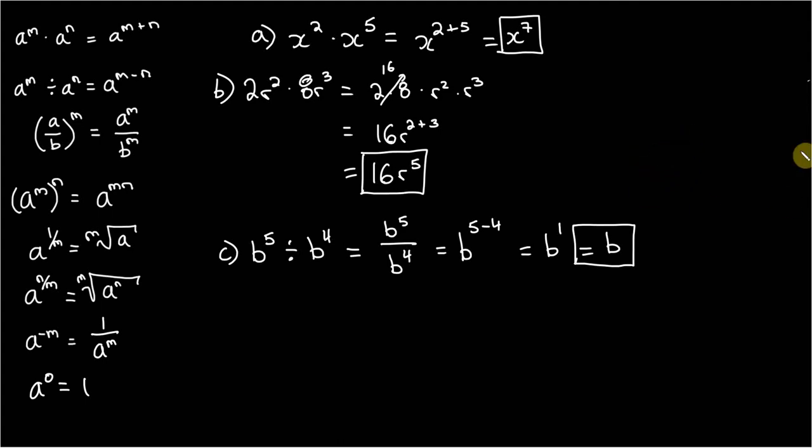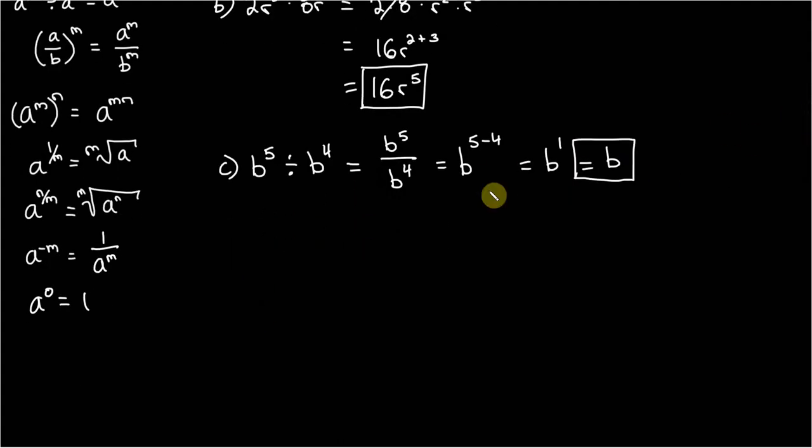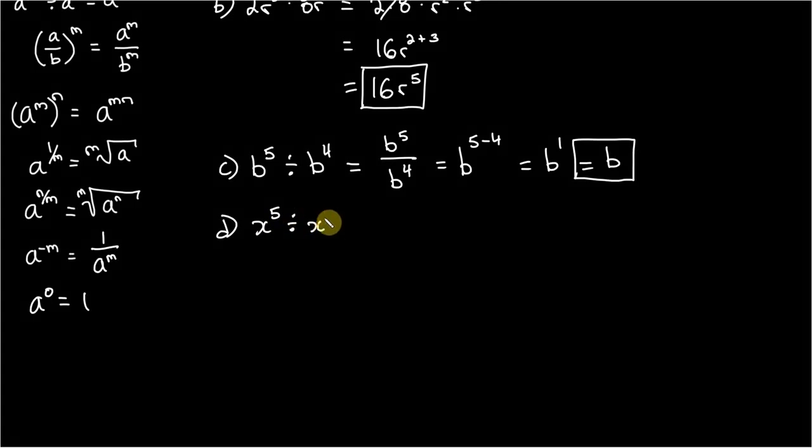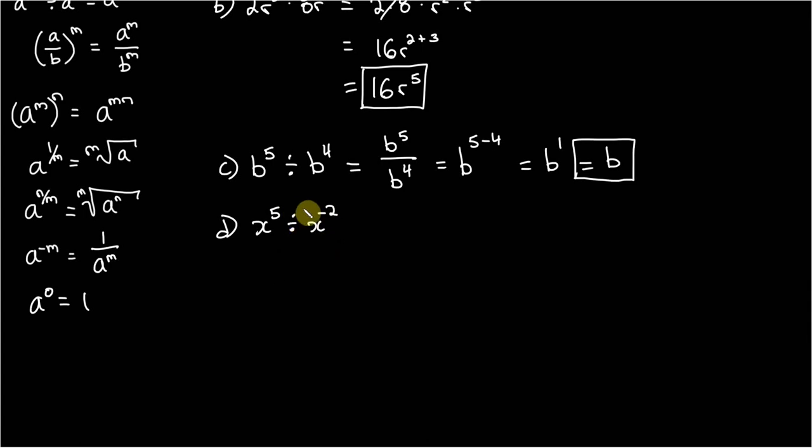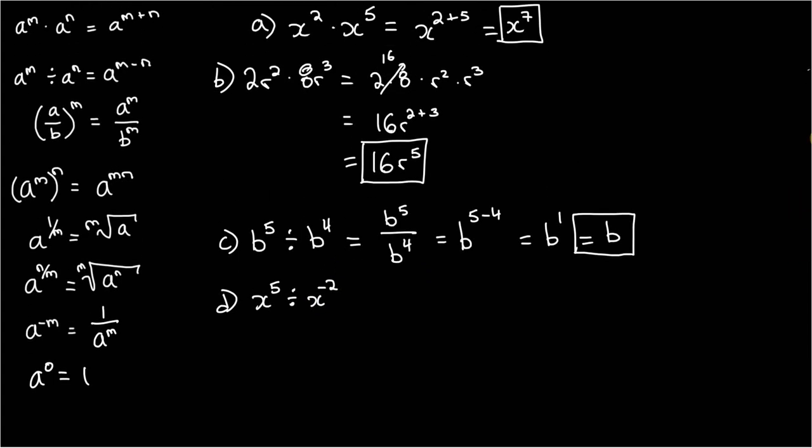In any case, let's do another one. Let's mix it up a little bit. Let's still work with the quotient property, but we'll have x raised to the power of 5 divided by x raised to the power of negative 2. It's a little bit different, but in practice it's essentially the exact same steps.